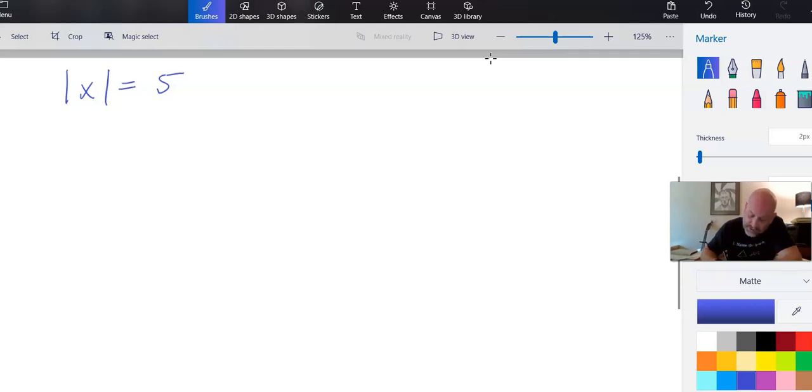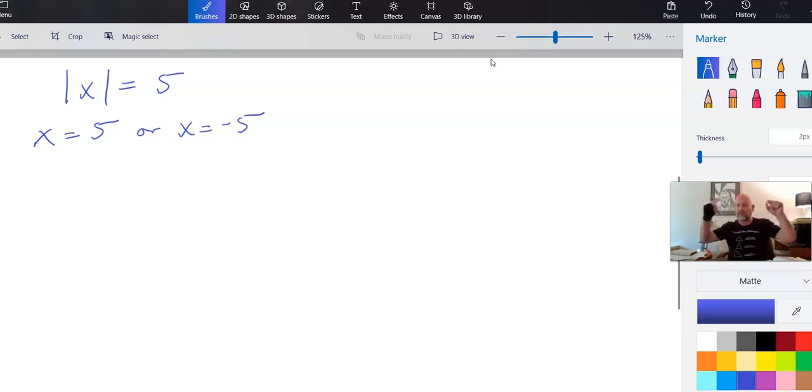This gave me two solutions, x is equal to 5 or x is equal to negative 5. Okay, this is going to be the general thing we do each time we start an absolute value equation. We get the absolute value by itself on one side, and then we split it into two equations. Now notice the absolute value is gone once we split it. That's important. If you leave it on there, it's a brand new equation, and you're going to get two solutions from there. So you want them to be gone.